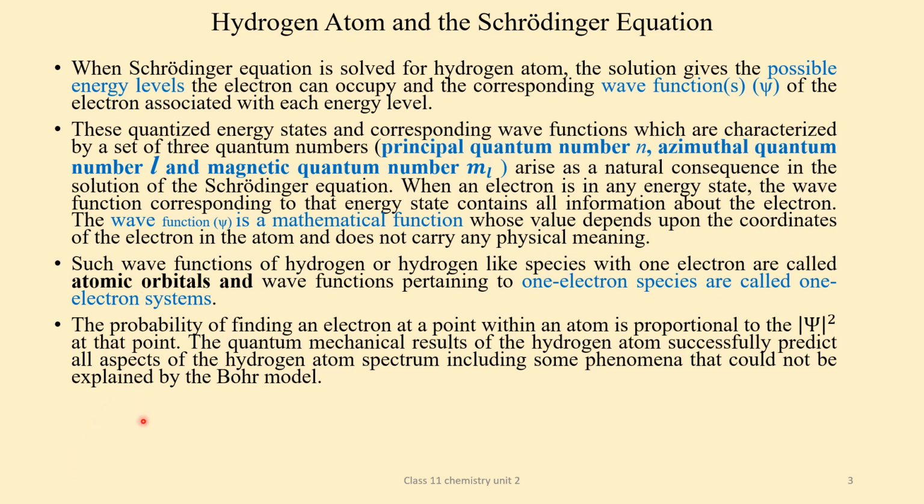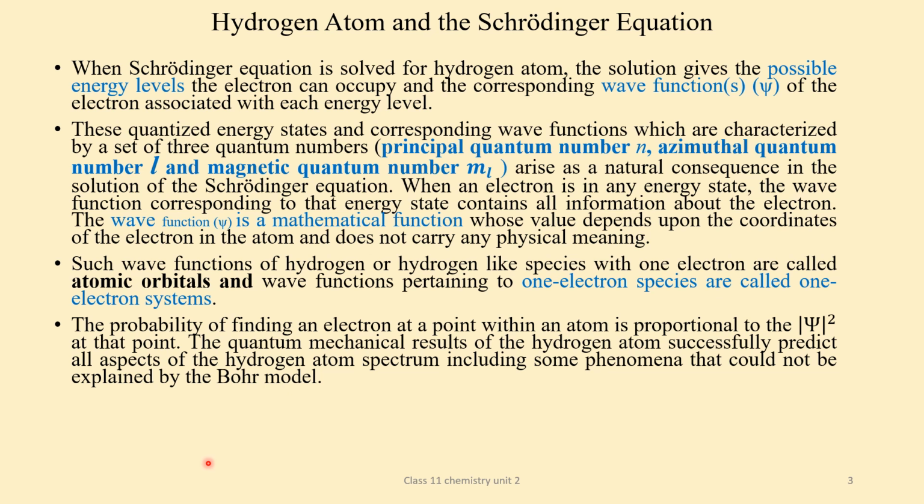The probability of finding an electron at a point within an atom is proportional to mod psi square at that point.